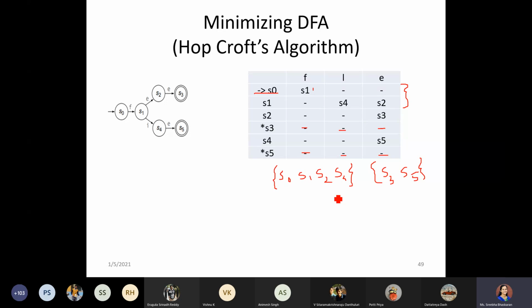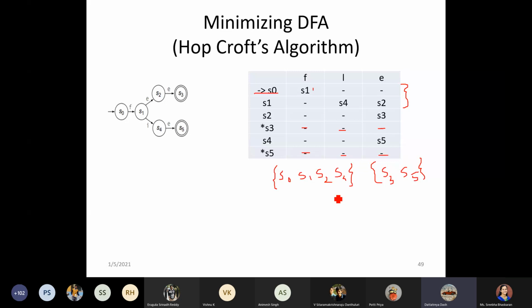S1 is in the same group, and the other one is empty, so we can't compare. Next one S4. S4 is also in the same group, with the other one empty. Next is S2, which is also in the same group, and the other one is empty. So we don't have to split. S0 and S1 will go together.